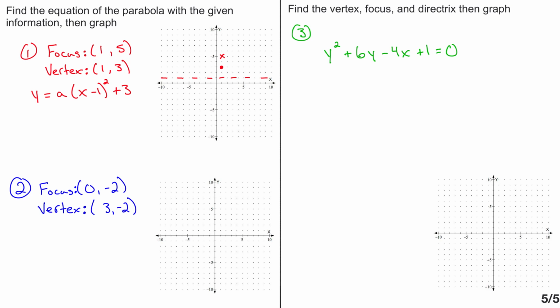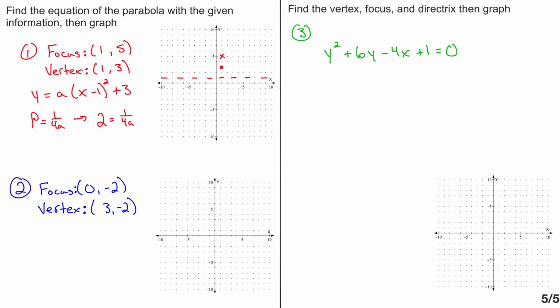So I know that if I utilize my formula to find the focus, which is p is equal to 1 over 4 times the a value, I can use that formula to actually find my a value if I know the p value. So I just found out the p value is 2 because in order to go from the vertex having a y value of 3 to the focus's y value of 5, I need to jump 2 units. I know this is going to be 2 is equal to 1 over 4a.